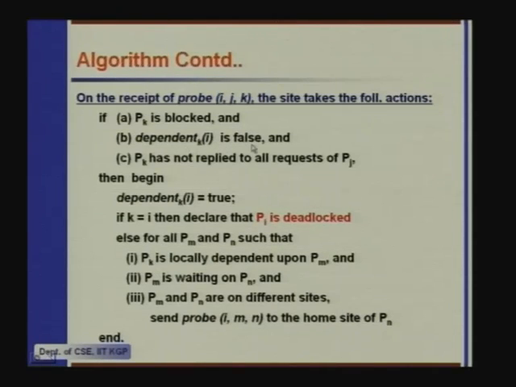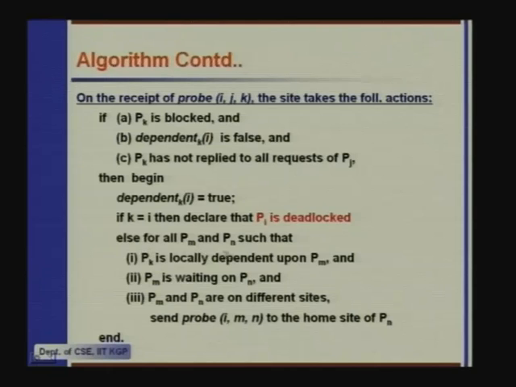So, if it is false and Pk has not replied to all requests of Pj, then begin. We first set dependent[k][i] equal to true, and then if k equal to i, then declare that Pi is deadlocked, because then you are dependent on yourself. Okay.